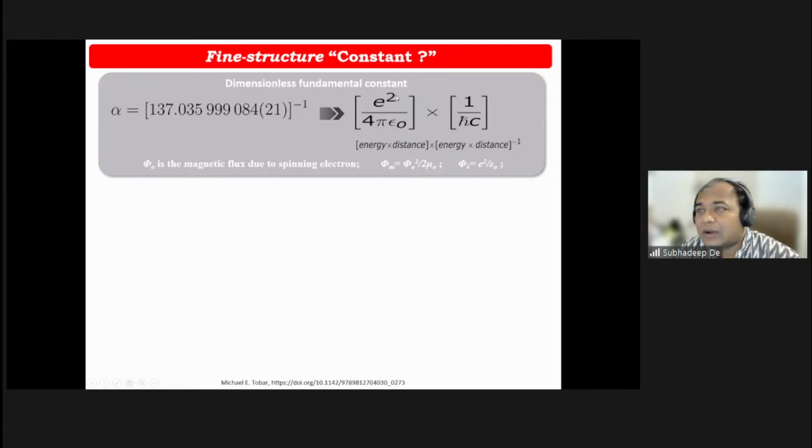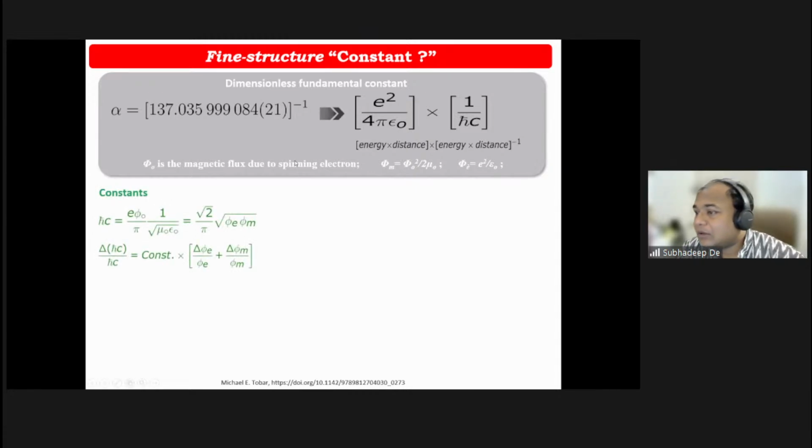One is e squared divided by 4 pi epsilon naught, times 1 over Planck's constant times c. The dimension of the first part is the inverse of the dimension of the second part. As I have written here, energy times distance, and the second part is the inverse of energy times distance. Now these two dimensions cancel each other, and that's why as a whole alpha is a dimensionless constant.